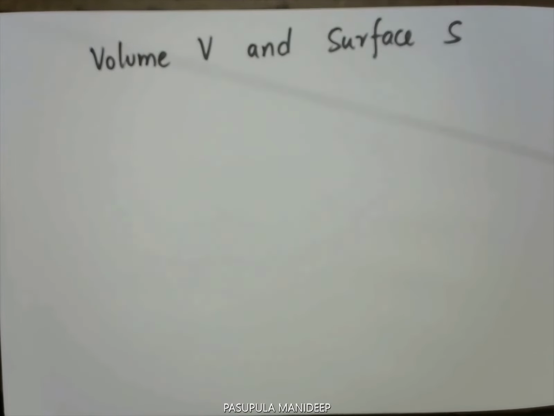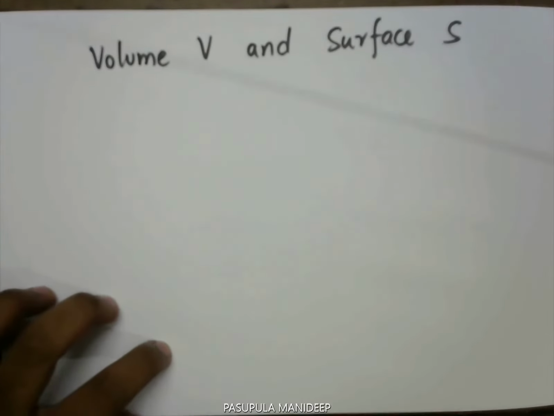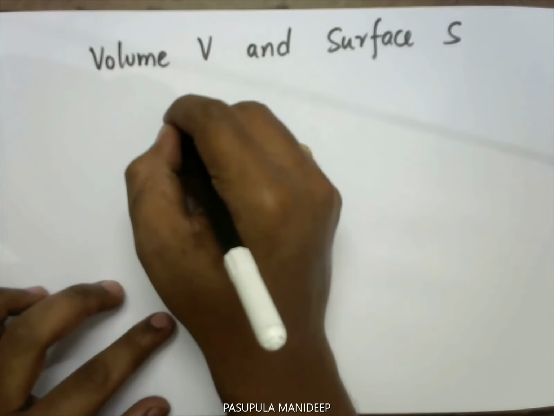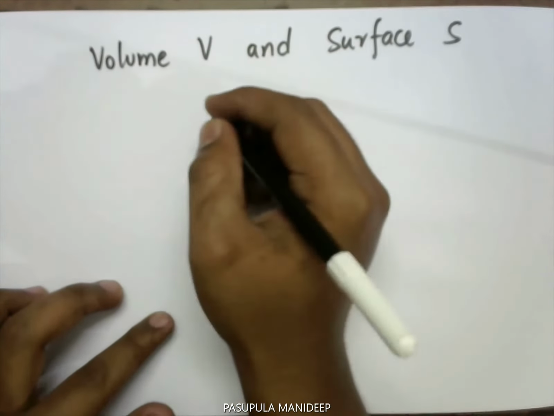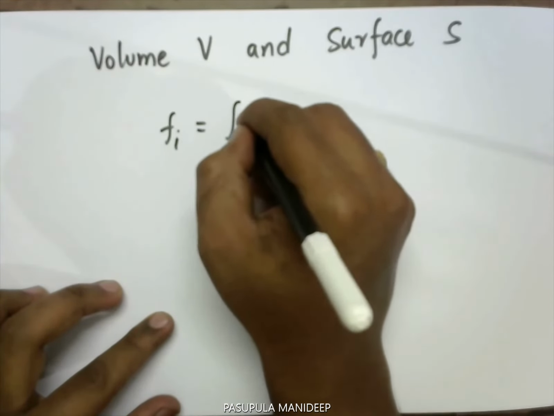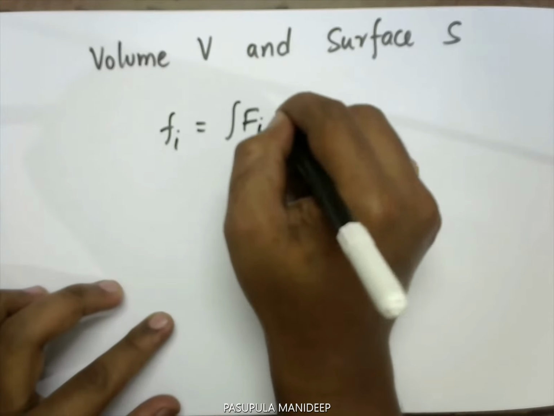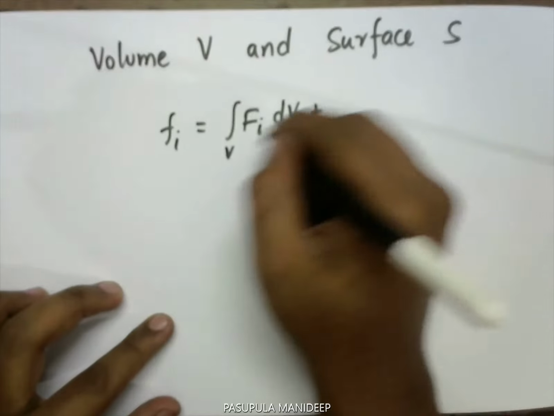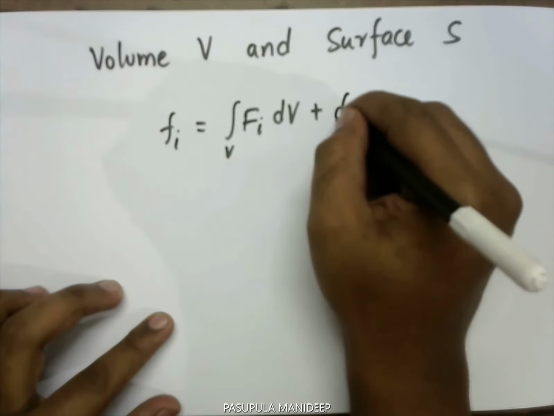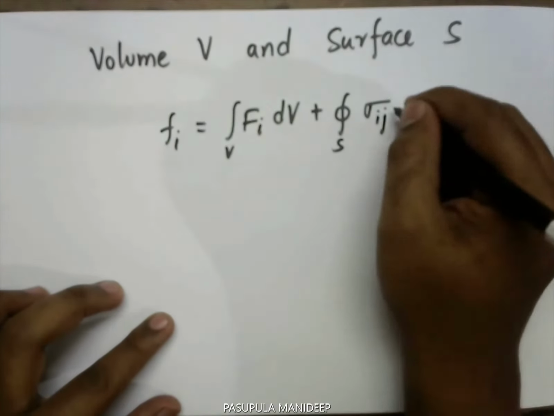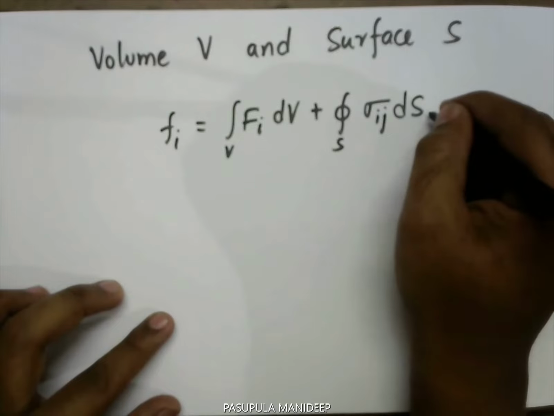From this, the i component of the total force acting on the fluid element can be written as Fi equal to the volume integral of capital Fi dV plus the surface integral of sigma ij dSj.